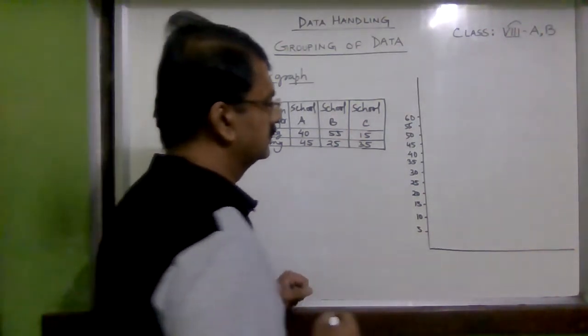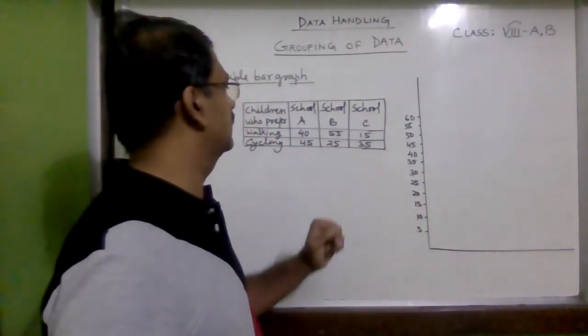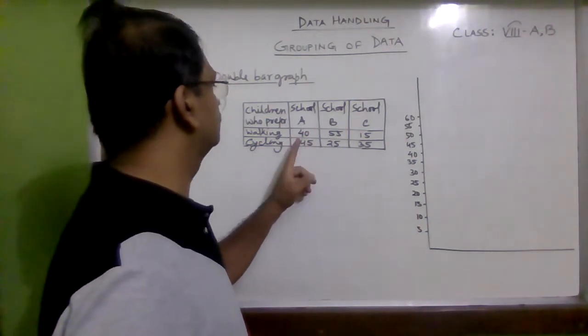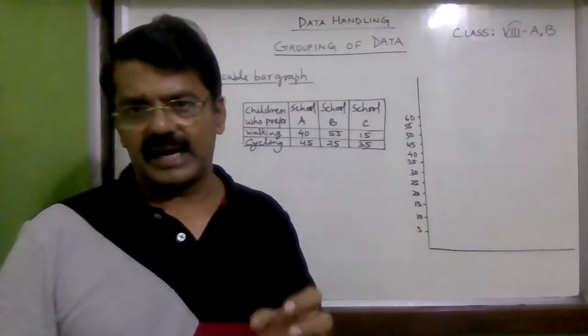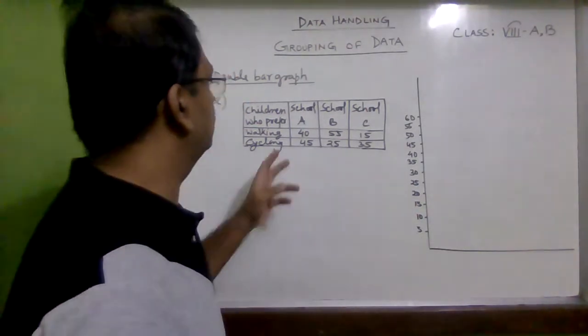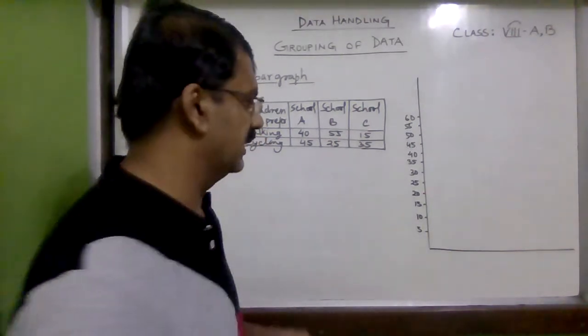Now, there are only 3 schools, but for each school we have to make 2 bars and there has to be a gap of 1 bar. That means at least we have to make space for 10 bars here.